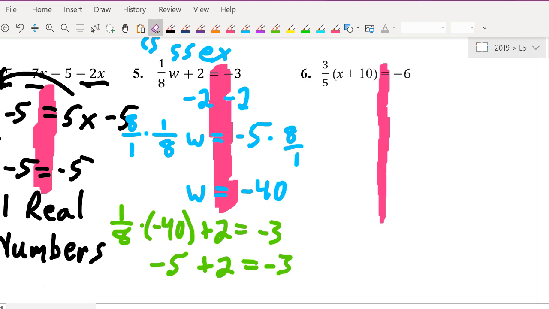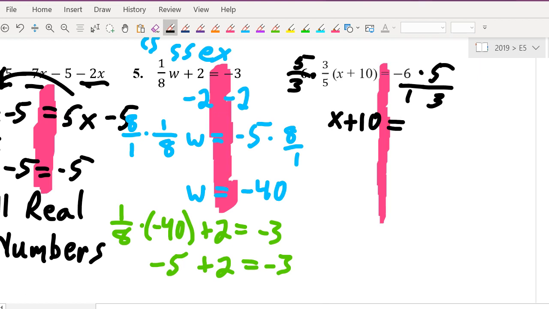Alright, now this one, you can do it 2 different ways. You can start out by multiplying 5/3 on both sides, or you can distribute. I think this one's easier to do times 5/3 on both sides. Let's do that, just like Nick taught us. Times 5/3 on both sides, right? Times the reciprocal. So we have x plus 10 is equal to, what's 6?